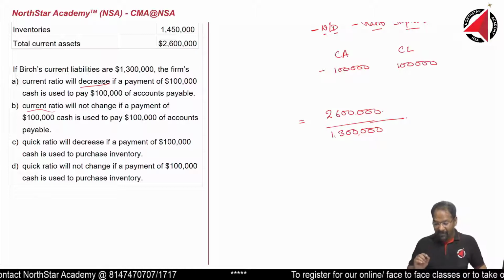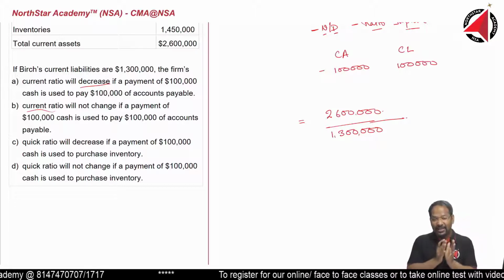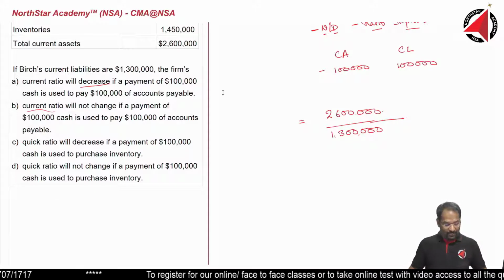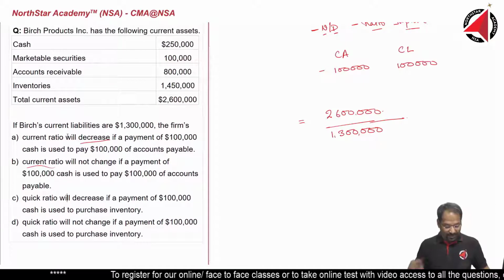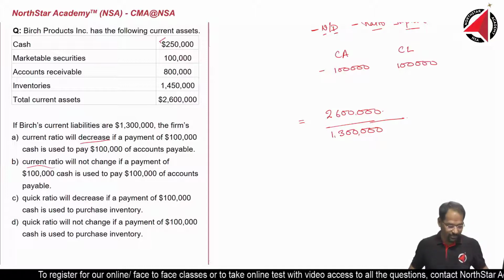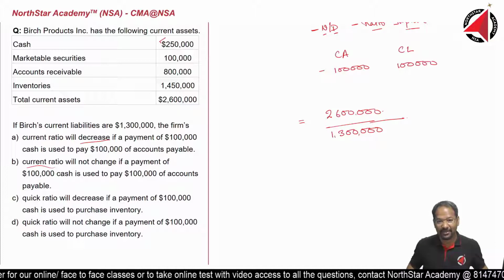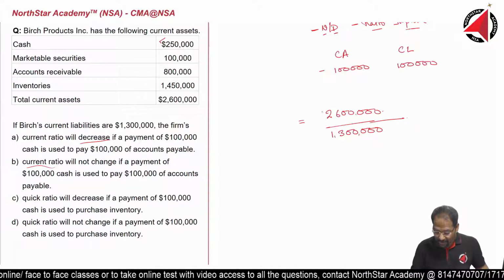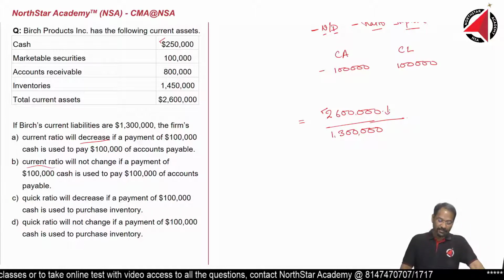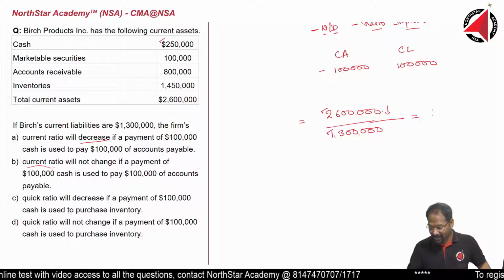So if cash is used to purchase inventory, cash will decrease and inventory will increase. In other words, this cash balance will decrease by 100,000, and the inventory balance will increase by 100,000. In other words, the numerator value will decrease. The moment the numerator value decreases without any change in the denominator, the ratio will decrease.